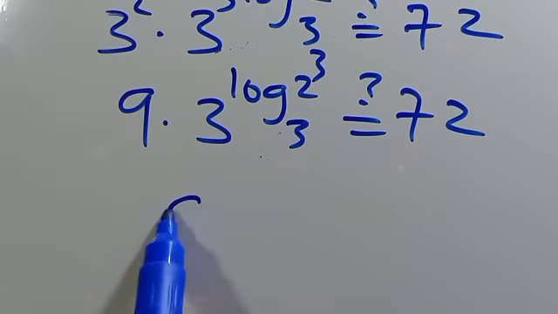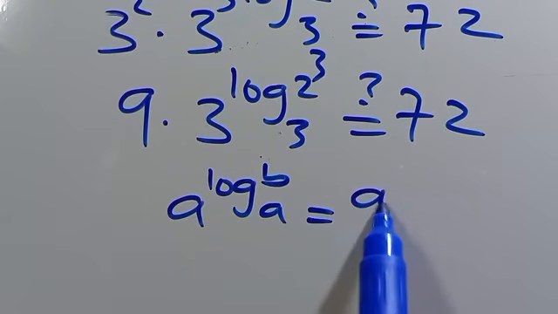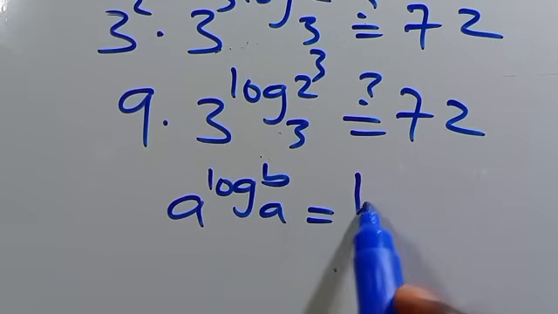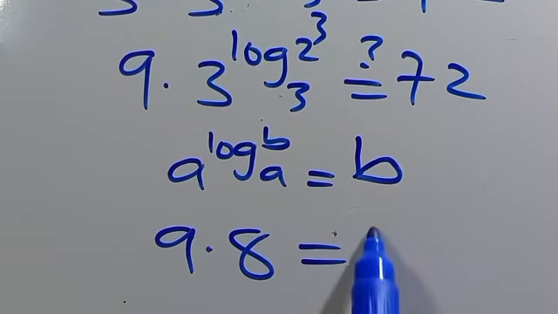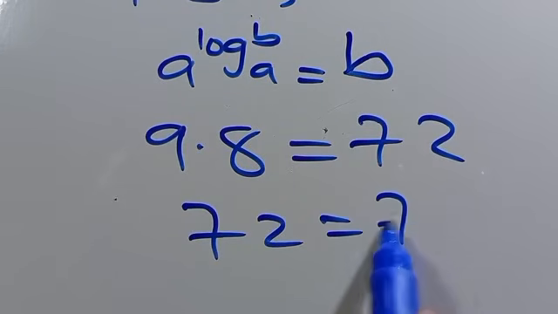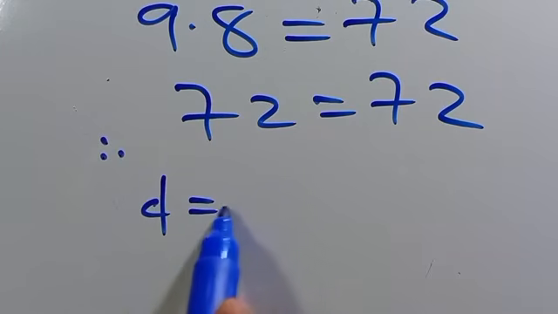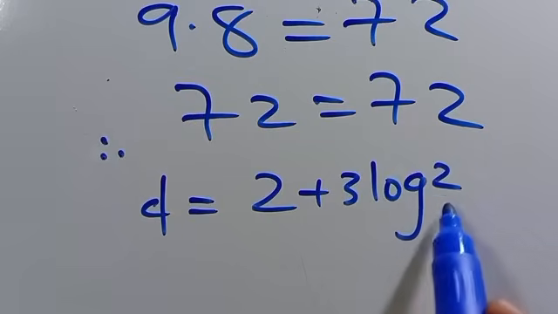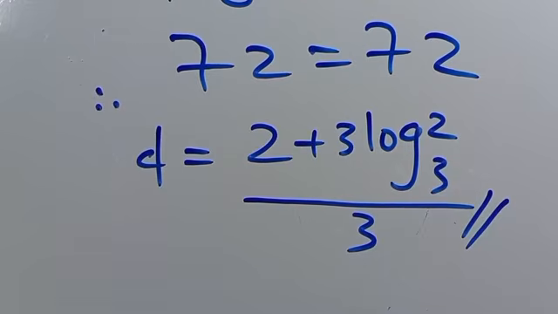They have the same base. When we have a to the power of log b in base a, this always equals b. So this will now be 9 times 8, which equals 72. So 72 equals 72. So since d equals 2 plus 3 multiplied by log 2 in base 3 over 3, it satisfies the problem given to us.